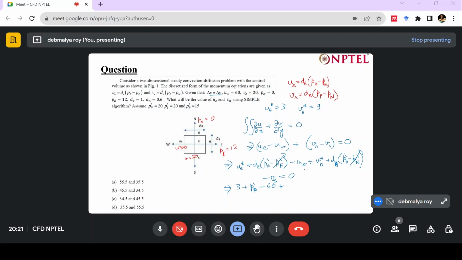Vn star is equal to 9. This is 0.6 PP dash minus.